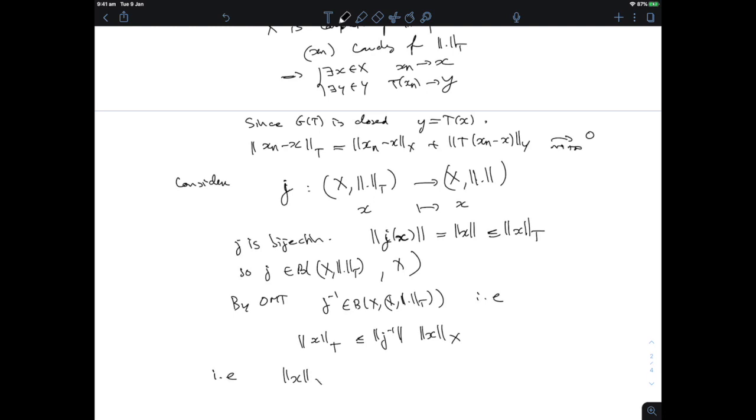It's saying that the norm of x in X plus the norm of T(x) in Y is smaller than a constant times the norm of x in X. But that means in particular that the norm of T(x) in Y is smaller than the norm of J^-1 times the norm of x in X for all x in X. And that's exactly saying that T is a bounded linear map, which concludes the proof.